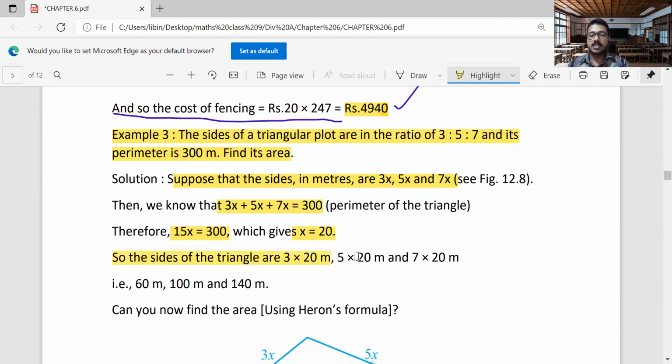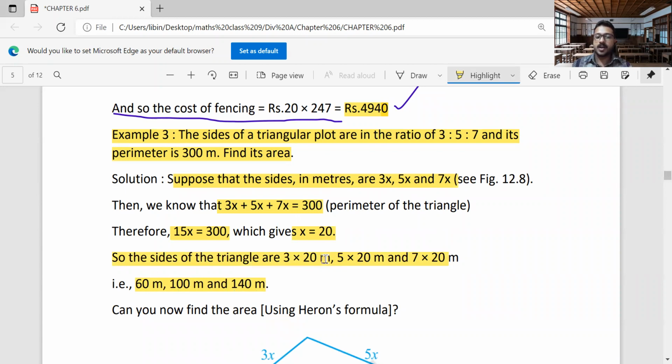Therefore, the sides of the triangle are 3 into 20, 5 into 20 and finally 7 into 20. So we have found the measurements of the triangle. It is 60 meter, 100 meter and 140 meter.